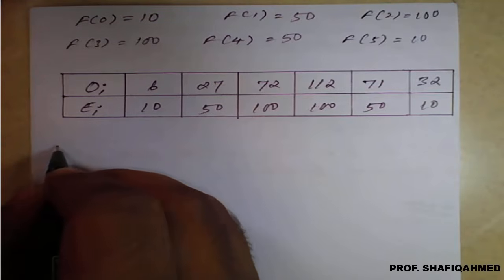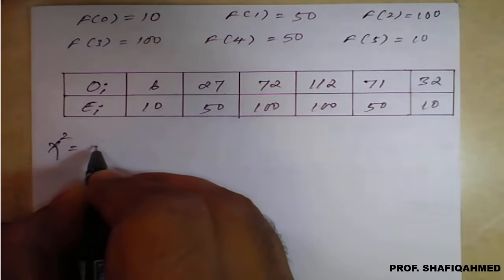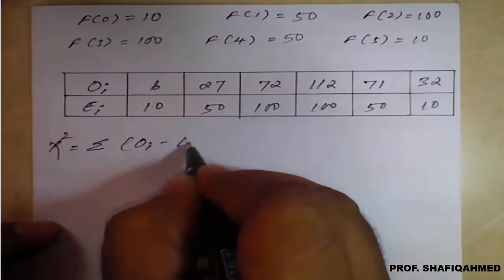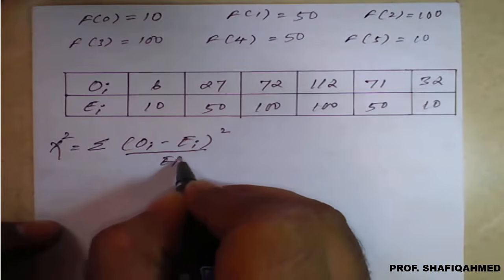Now the chi-square formula is given by the summation of (Oi minus Ei) whole square divided by Ei.